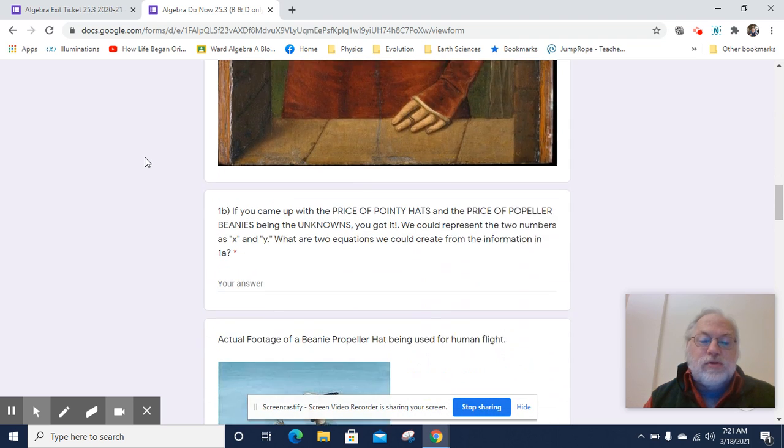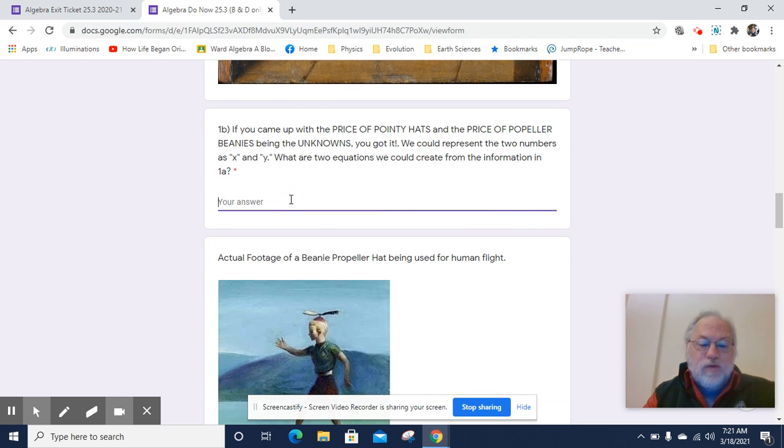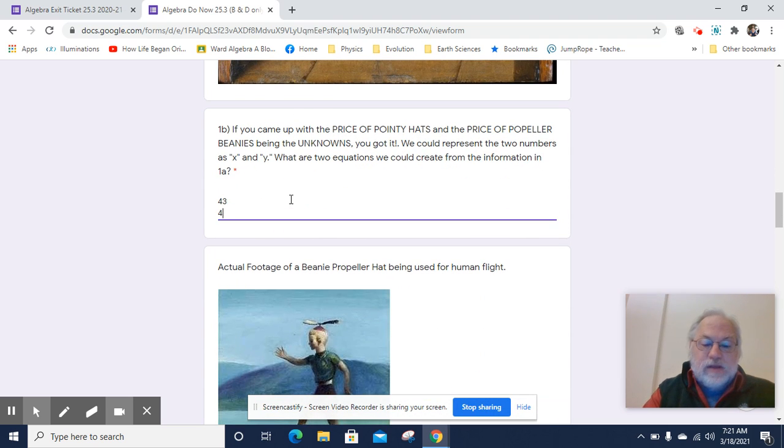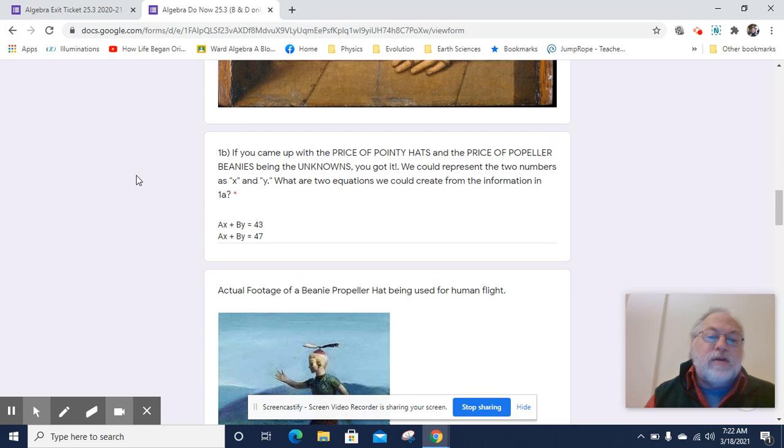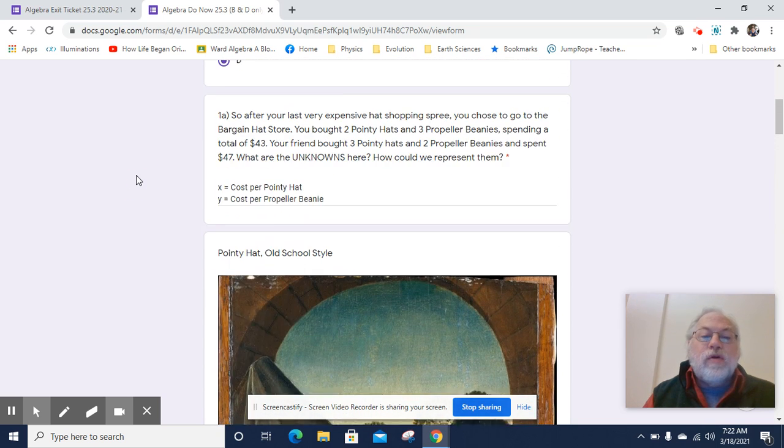Okay, so we know our 2 totals are 43 and 47. And I'm going to set it up using the AX plus BY structure of a standard form. I already know that C is either 43 or 47, depending on whether it's you or your friend.